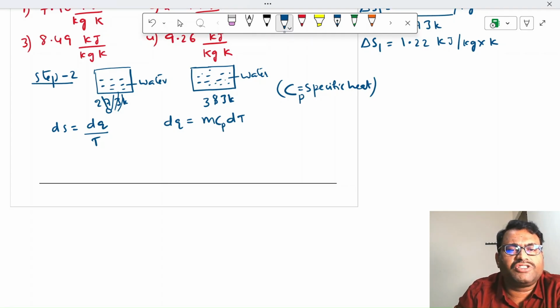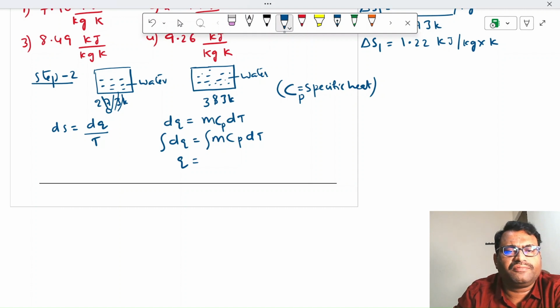Both sides we have differentiation, so we can integrate it. dq is equal to m Cp dT. Integrating, Q is equal to the integration of m Cp dT.